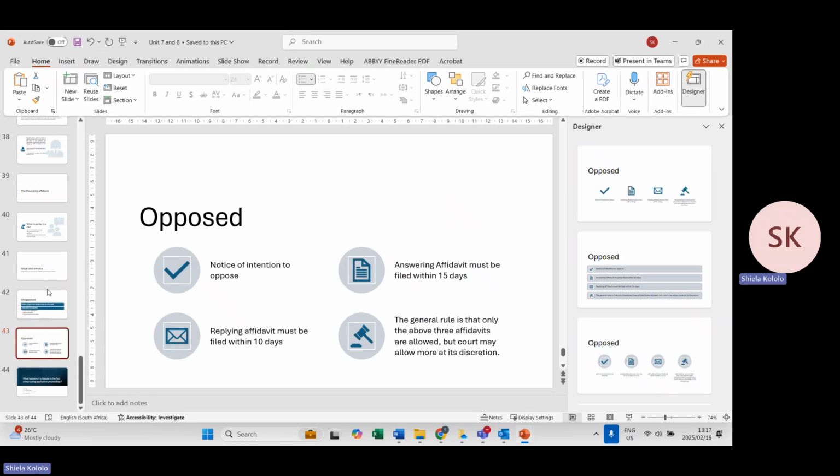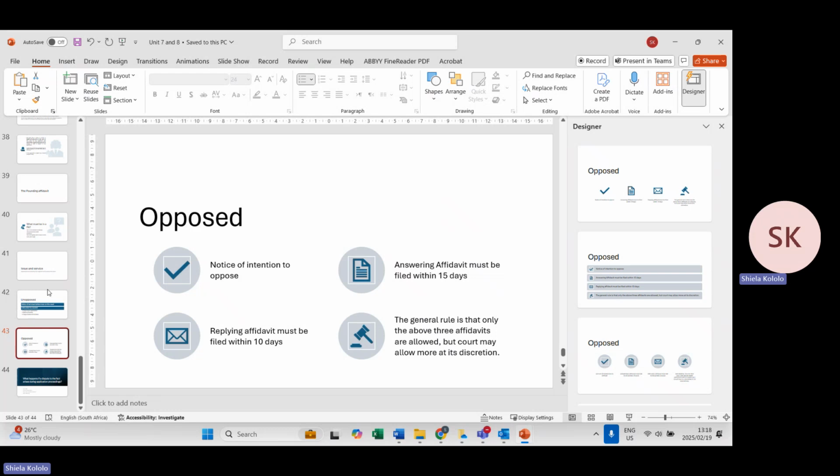And then what happens if the matter is opposed? You served, and then the person said, I'm opposing because I also have grounds. So you would have served a copy of your application, then you get a notice of intention to oppose, and then you give the other party 15 days to file their answering affidavit. Once you've received their answering affidavit, then you file your replying affidavit within 10 days from receipt of the answering affidavit.